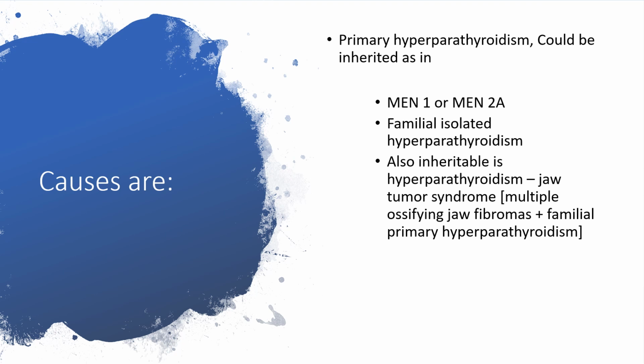And it could also be inherited in form of familial isolated hyperparathyroidism. Also, it's possible to be inherited as hyperparathyroidism jaw tumor syndrome, which is multiple ossifying jaw fibromas with familial primary hyperparathyroidism.